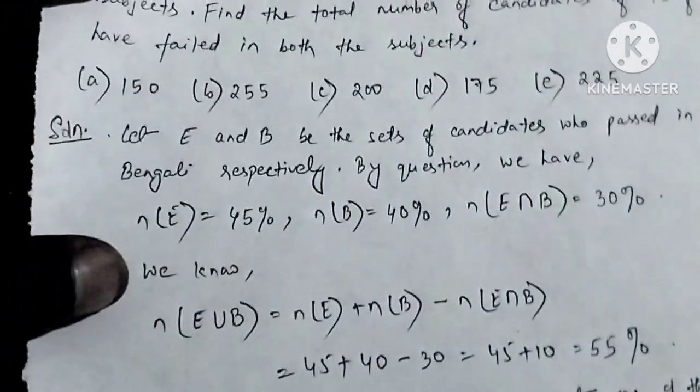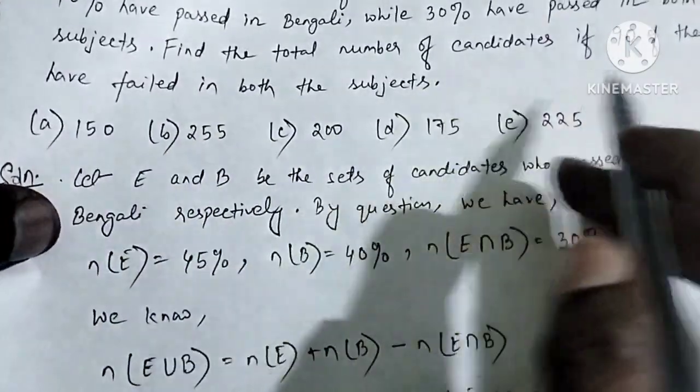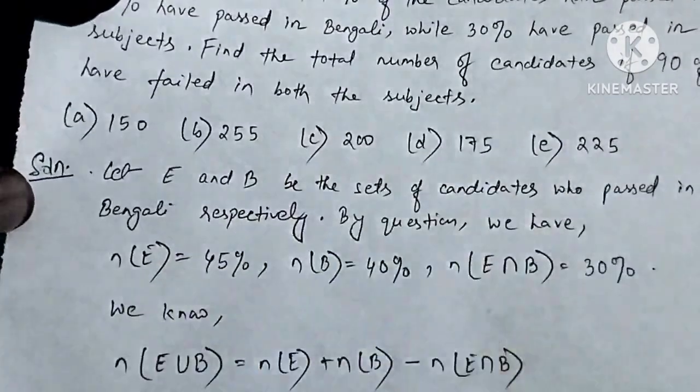Okay, find the total. What has been asked? Find the total number of candidates if 90 of them have failed in both the subjects.